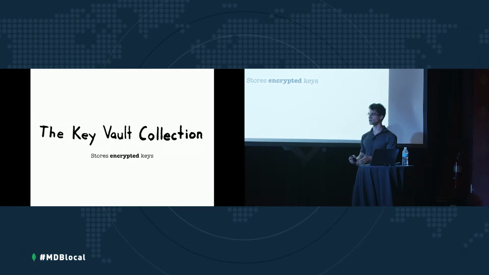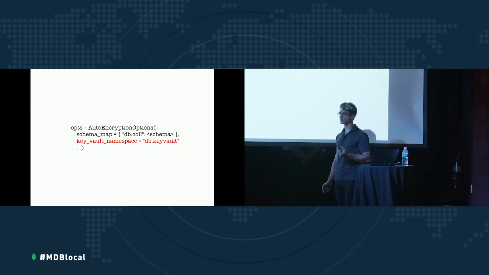So even somebody who has access to your key vault collection does not have access to the underlying key material of those keys. You configure it by setting the key vault namespace sub-option on the Mongo client, and since we will do find queries whenever we need to do encryption automatically, you just need to have the read role on this collection.